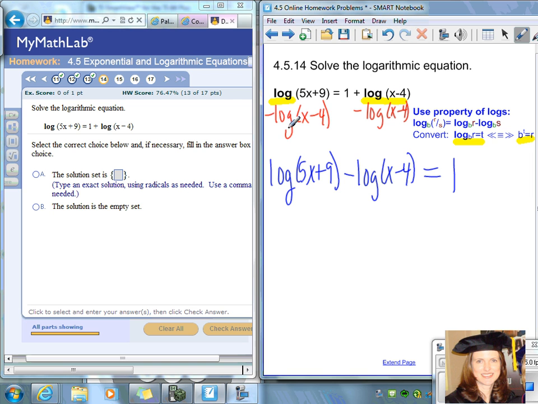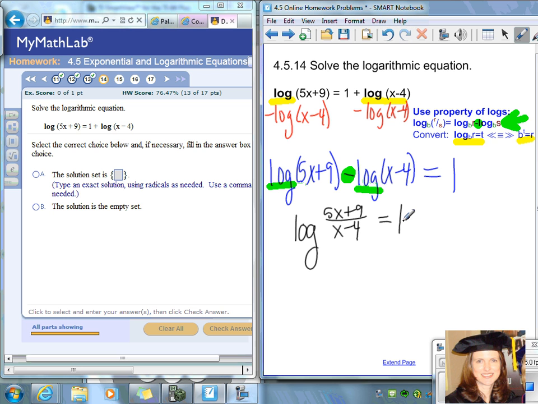So by subtracting log of x minus 4 from both sides, we get this equation. We have a logarithm that's split with a minus sign. We can condense it using the quotient property of logarithms into a single logarithm of a quotient, where the numerator is 5x plus 9 and the denominator is x minus 4.